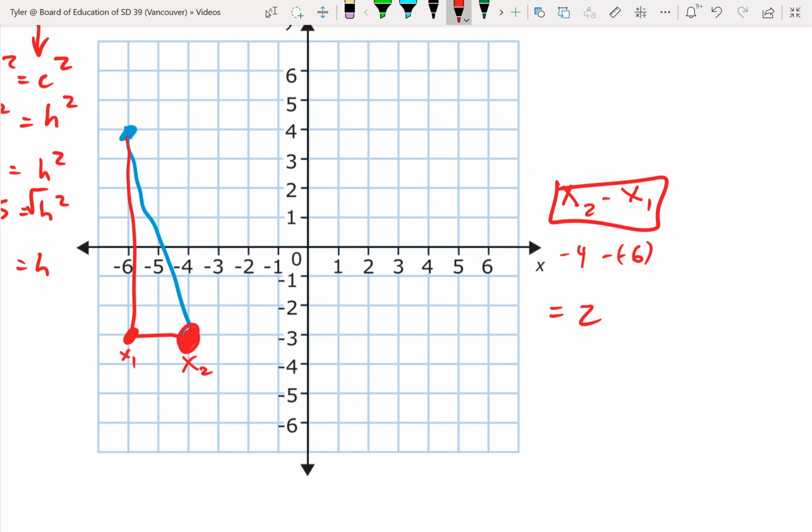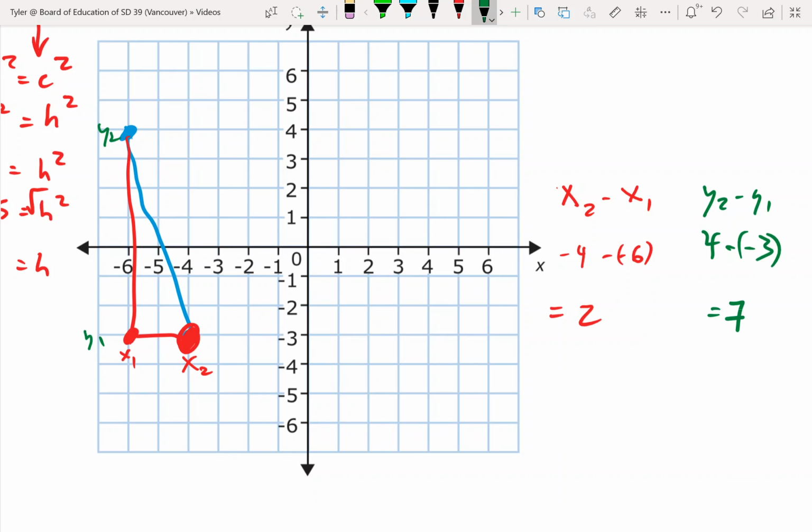That's how I found the distance of the bottom part. Then, to find this distance, this is y2, the y of the taller point, and then y1, the y of the bottom point. So y2 minus y1. It's 4 minus -3, and that gives me 7. So if I wrote those numbers in there, that would be 2, that would be 7.